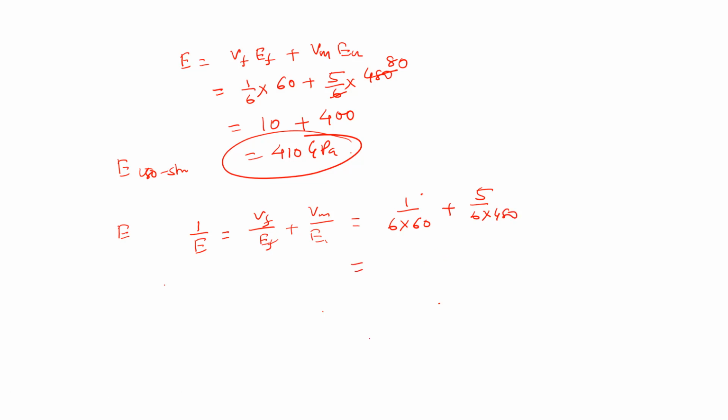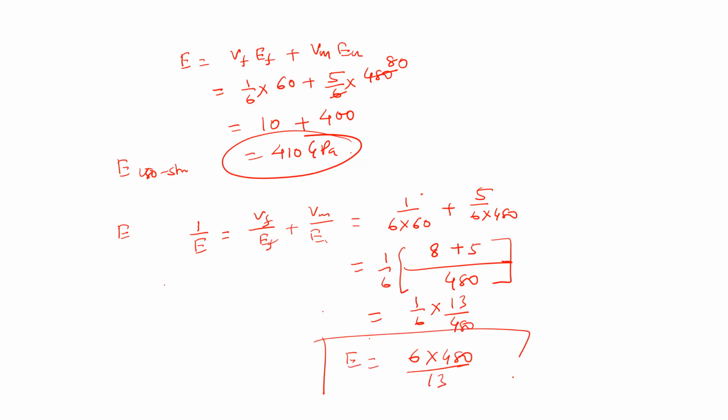So here we can take 1 by 6 common, 480 over here, 8 plus 5, right? So 1 by 6, 13 into 480, so E is equal to 6 into 480 by 13. This is for the second case.